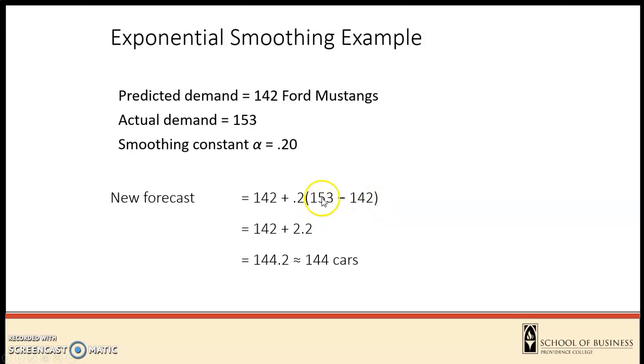Since I was off by 11 cars, and my smoothing constant's 0.2, next month we're going to increase production by 2.2. And so basically we're going to say we need 144 cars instead of the 142 that we initially forecasted.